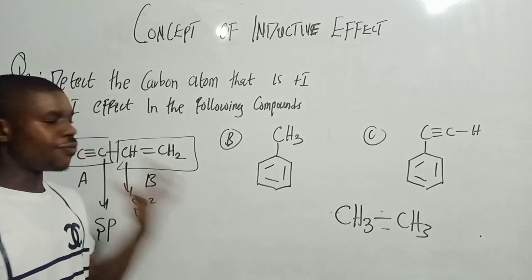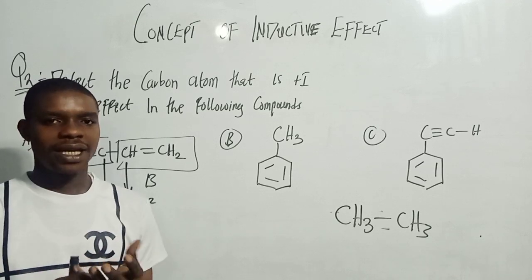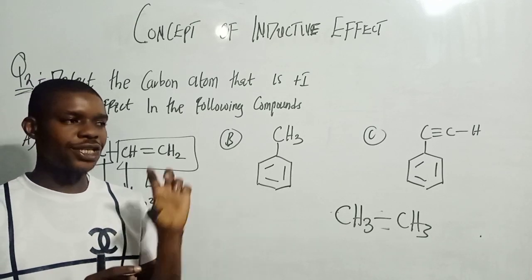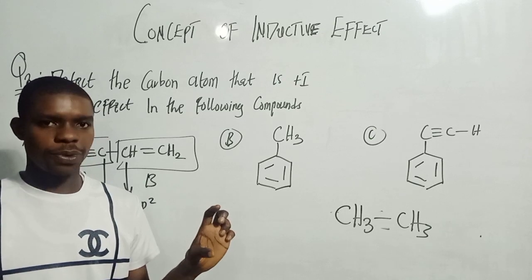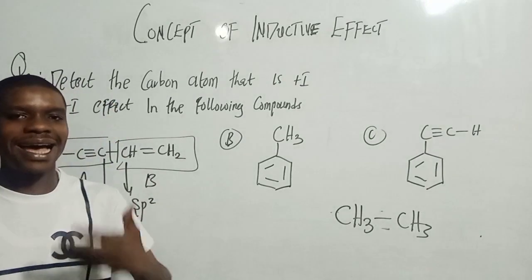Now remember the power of the minus I effect I gave to you, check it very well. You see sp, that is a triple bond, before a double bond. sp is higher when it comes to the minus I effect.